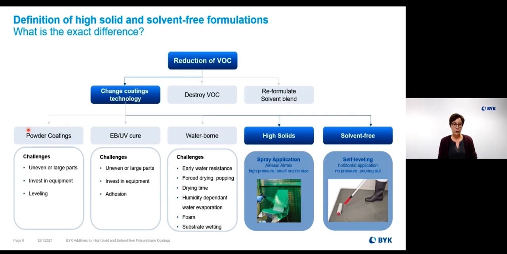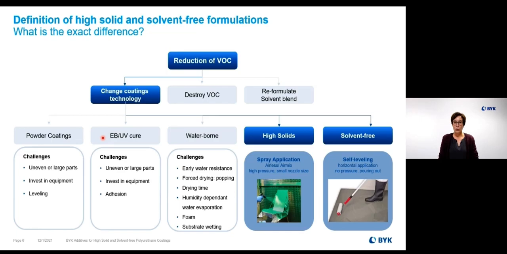There are, for example, powder coatings. Powder coatings do not have any VOC, but there are some challenges. For example, when we apply the powder coatings, we will get in trouble when we want to apply uneven or large parts. We need other equipment. That means we have some investment to do. And not in all cases is the leveling sufficient.